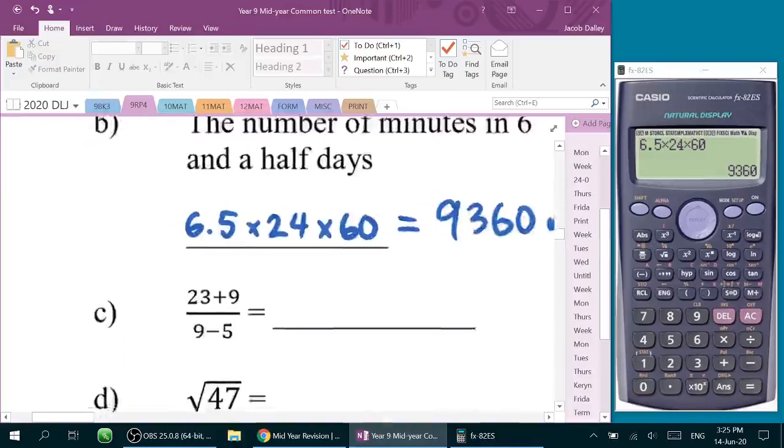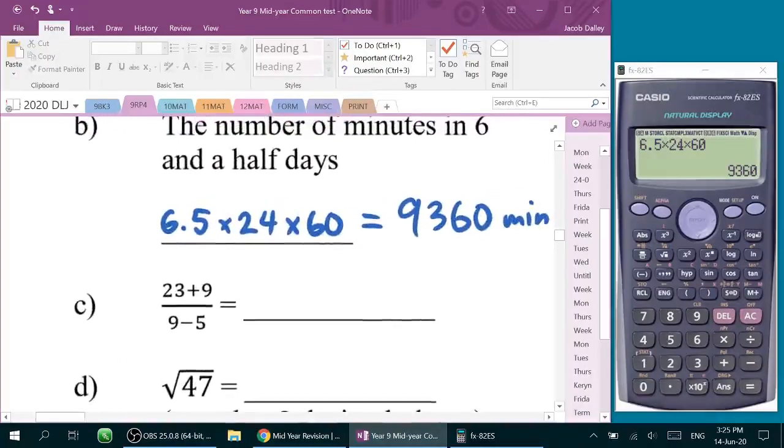Okay, this next one. Now, this is very easy to do if you have a calculator. If you don't have a calculator, what you want to do is do the top and the bottom first.